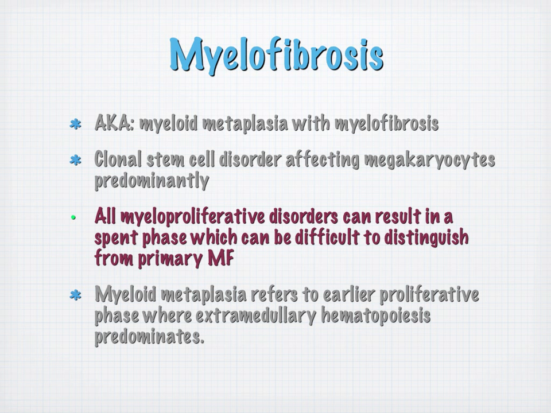If we're talking about myeloid metaplasia, we're talking about an earlier proliferative phase, remember the proliferative and the spent, and extramedullary hematopoiesis predominates. And what happens when extramedullary hematopoiesis predominates? Well, the extramedullary hematopoiesis is happening in the spleen, for example, and the spleen is enlarging as a result, and this would be myeloid metaplasia at this point.